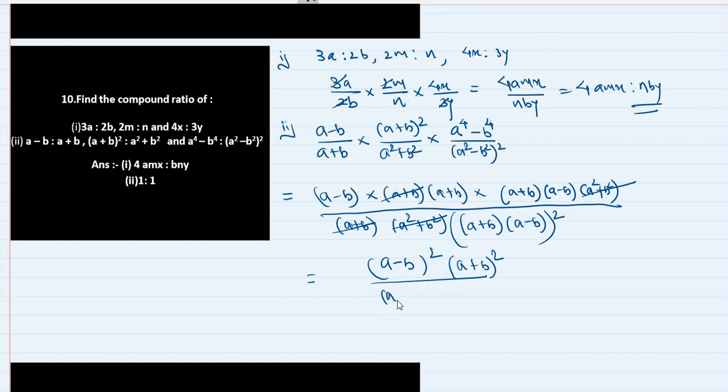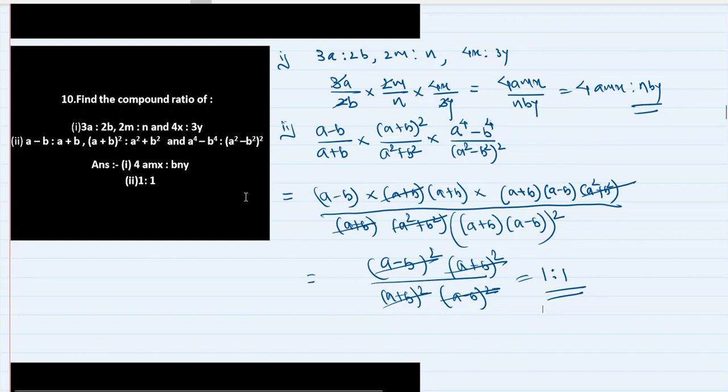Then we have a plus b the whole square and a minus b the whole square. They get cut mutually with each other and we get 1 is to 1. Okay, so find the compound ratio. We have found it, and both of the answers are correct.